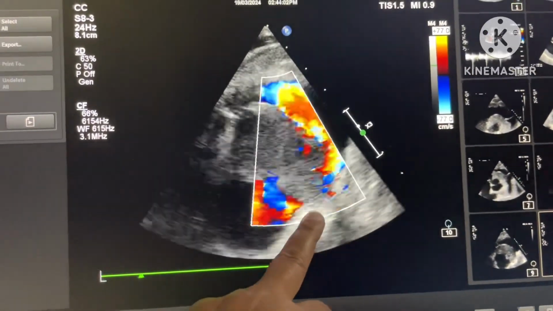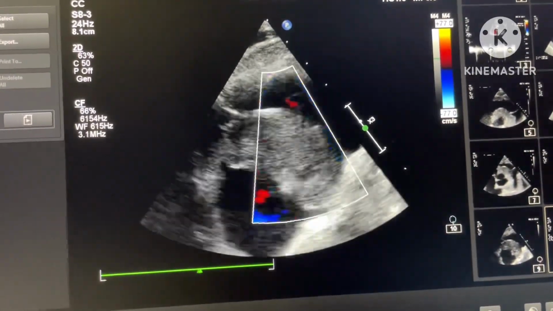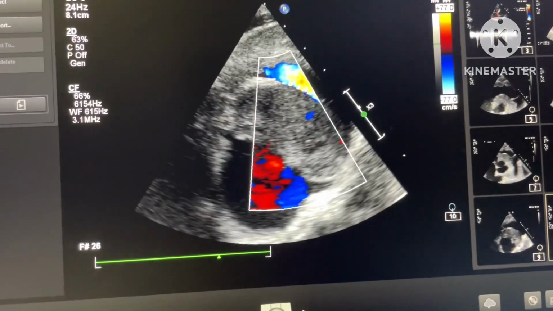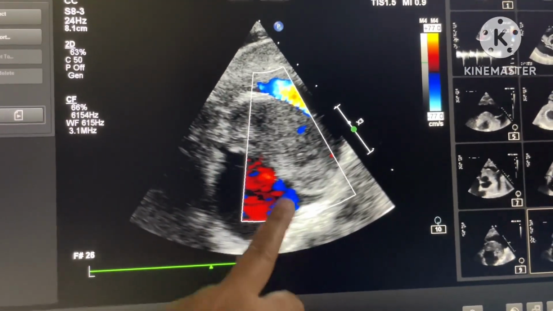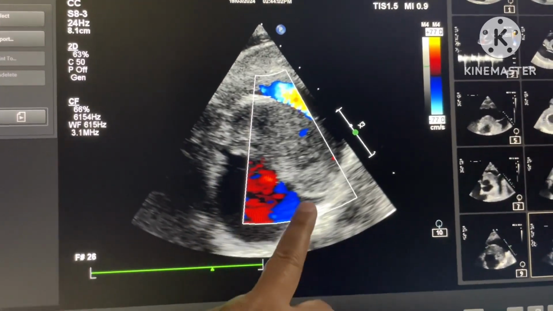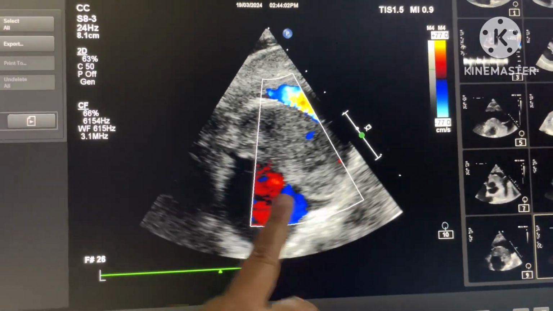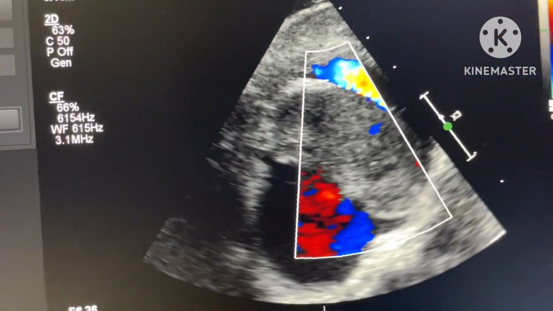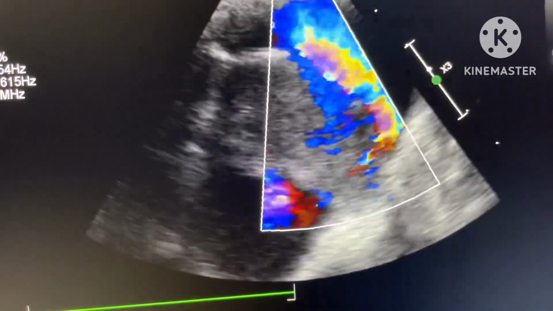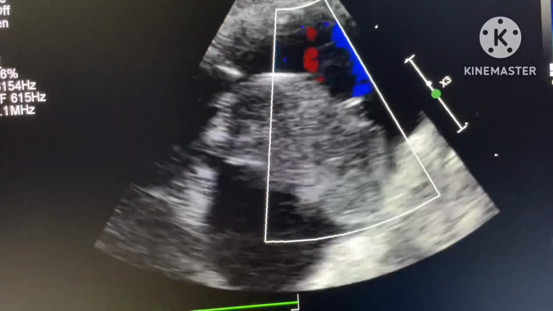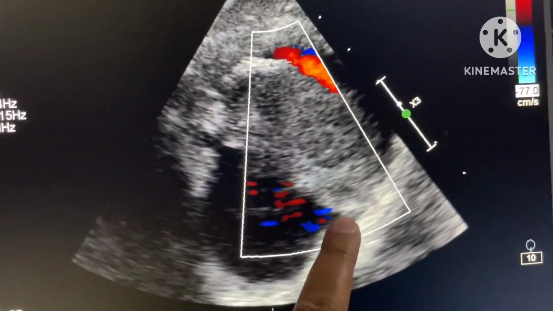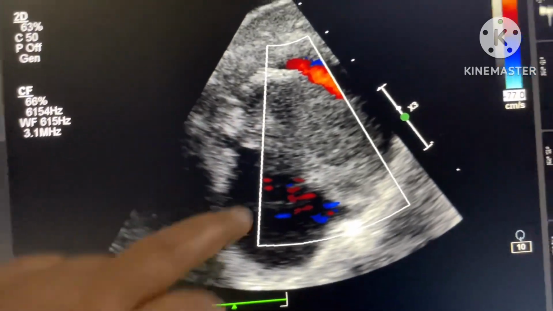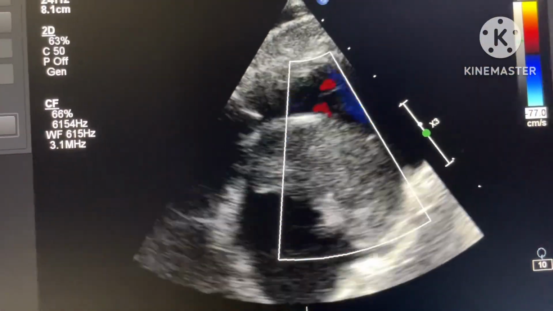This is the left main coronary artery. Any structure that is arising from the left is aorta. This is the left side, left main coronary artery. This is the right coronary artery. You can see now. This is left main coronary, this is right coronary artery. This is aortic root abscess.